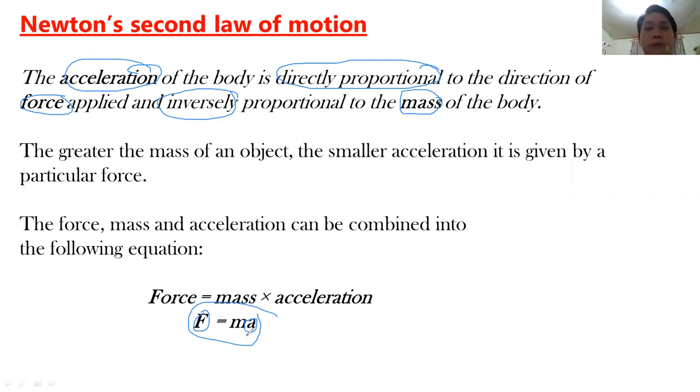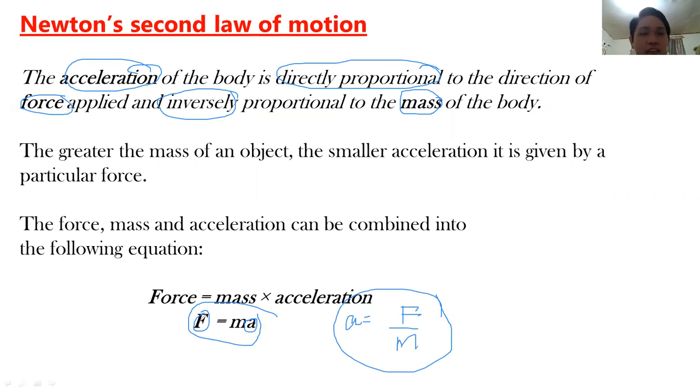So how will we represent that the acceleration is inversely proportional to the mass? We can have it as A is equal to F over M. This equation shows that the acceleration is inversely proportional to your mass.